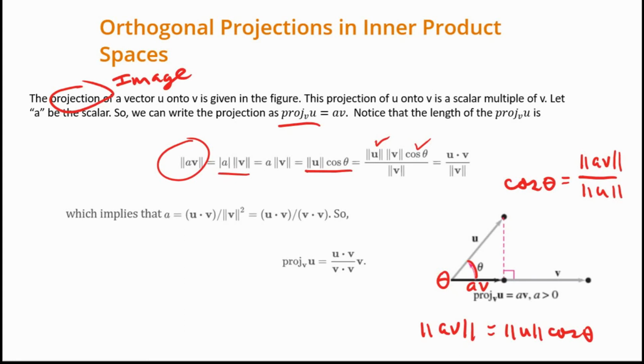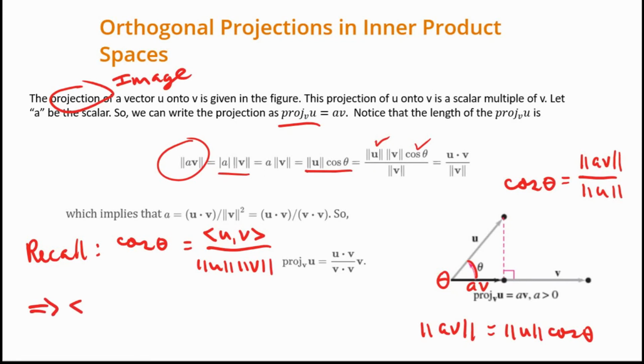The reason why he supplies this norm of v: you recall that the cosine is equal to the inner product of u and v divided by the norm of u times the norm of v. So if that be the case, that implies that the inner product of u and v is equal to the norm of u times the norm of v times cosine theta. So that's why he supplies this norm of v.